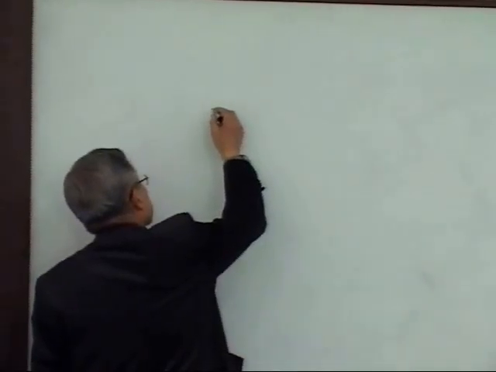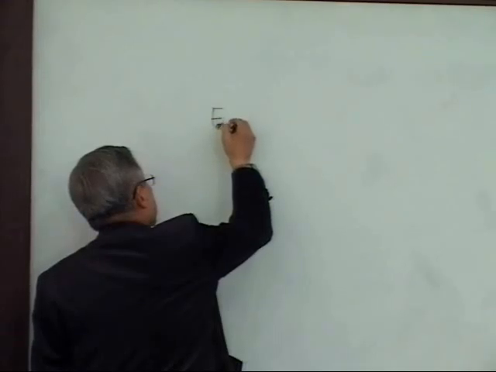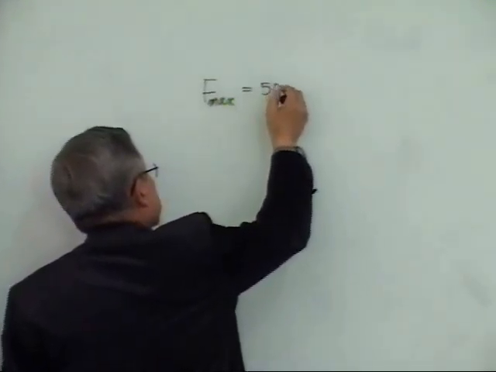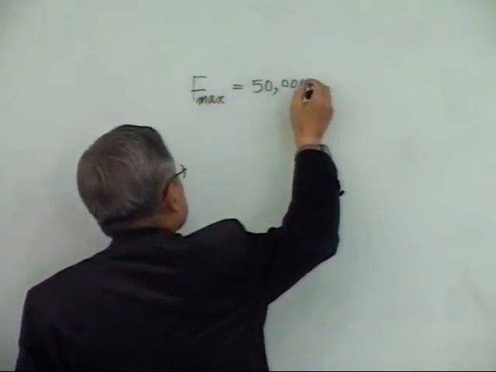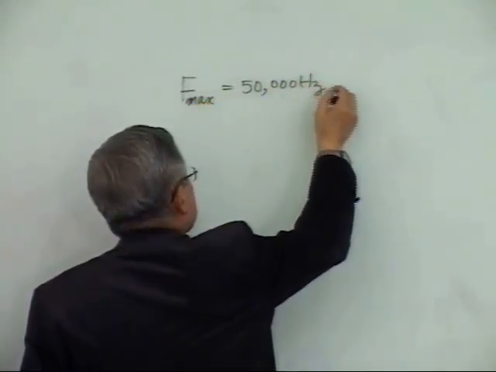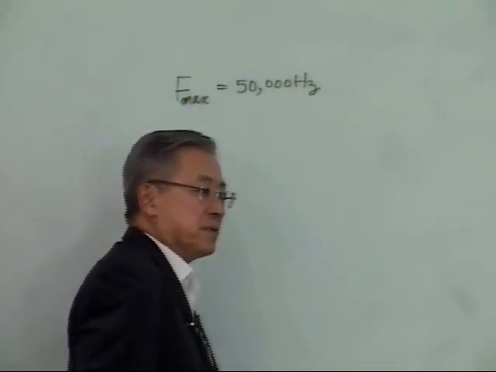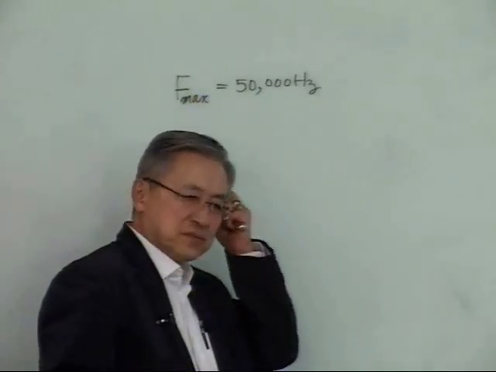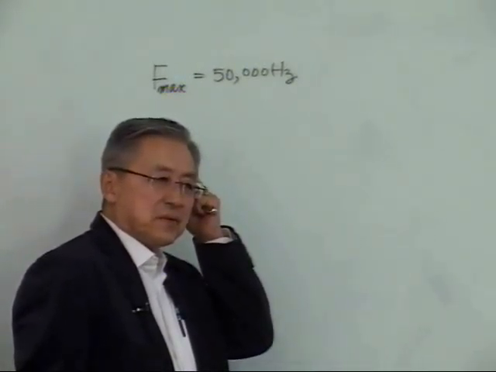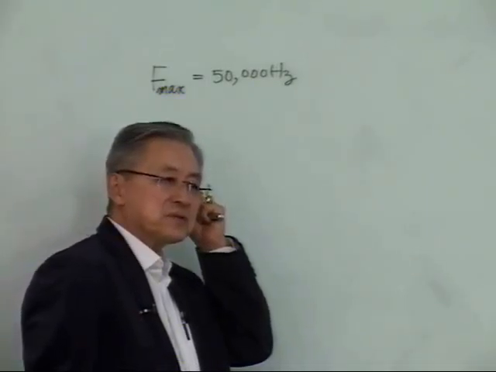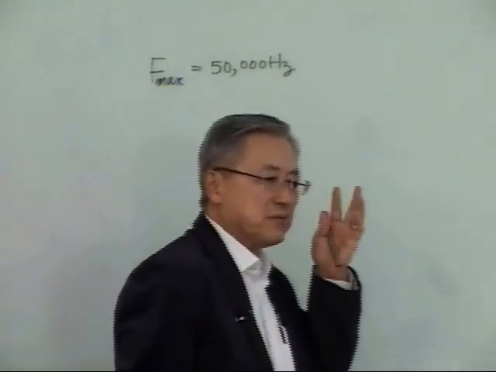So let's say, in my analysis, I need to include a maximum frequency of 50,000 hertz, or 50 kilohertz. Okay, so 50,000 hertz is really, really high. For your ear, how many hertz do you think you can recognize?